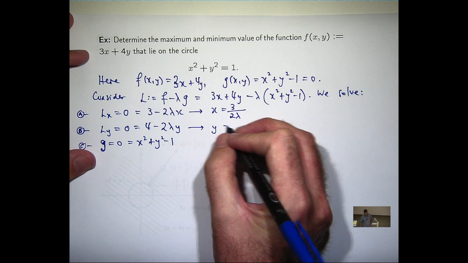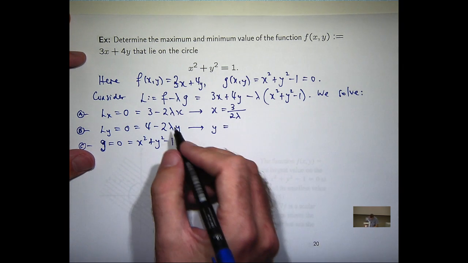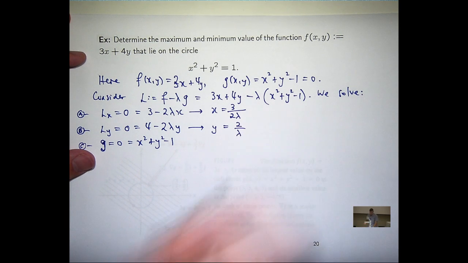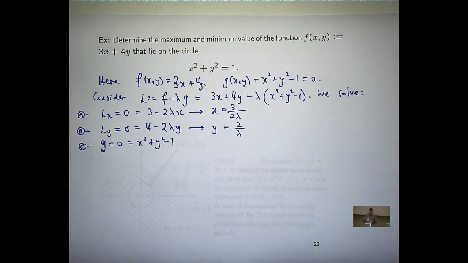If I make y the subject, I'm going to get something like this. And then I'm going to take those two and plug them into my constraint equation. That's going to give me some value for lambda, which then I can use to get x and y.